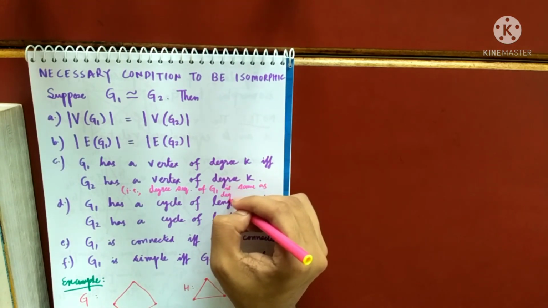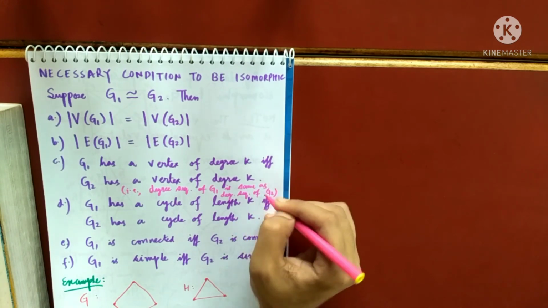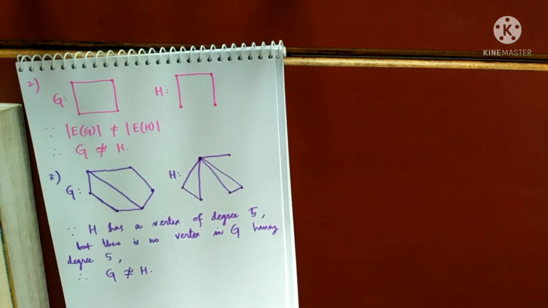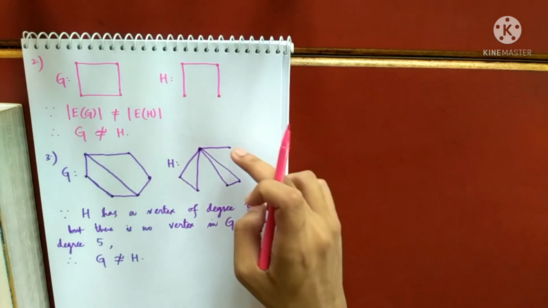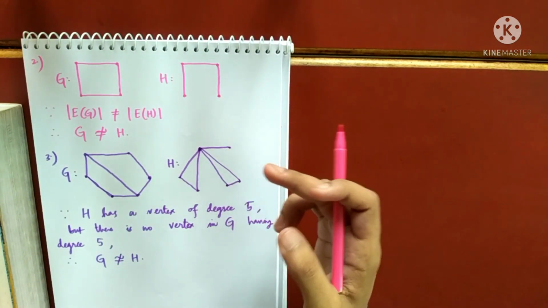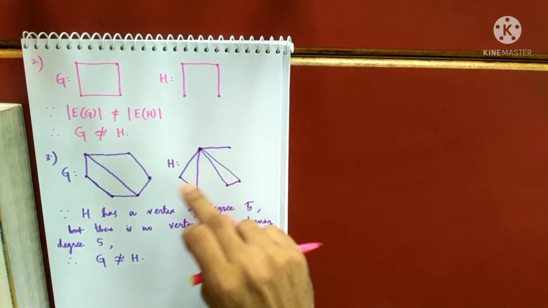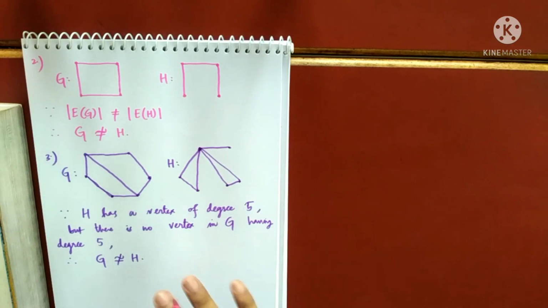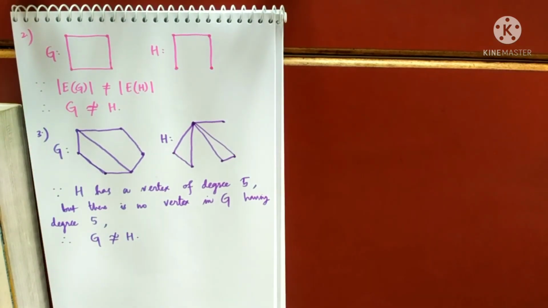Because they do not have the same degree sequence, the graphs are not isomorphic. If you write down the degree sequence, it is 2, 2, 2, 2, 3, 3 for one, and 1, 2, 2, 2, 2, 5 for the other. So they do not have the same degree sequence, so the graphs are not isomorphic. Am I clear up to here? Okay, thank you.